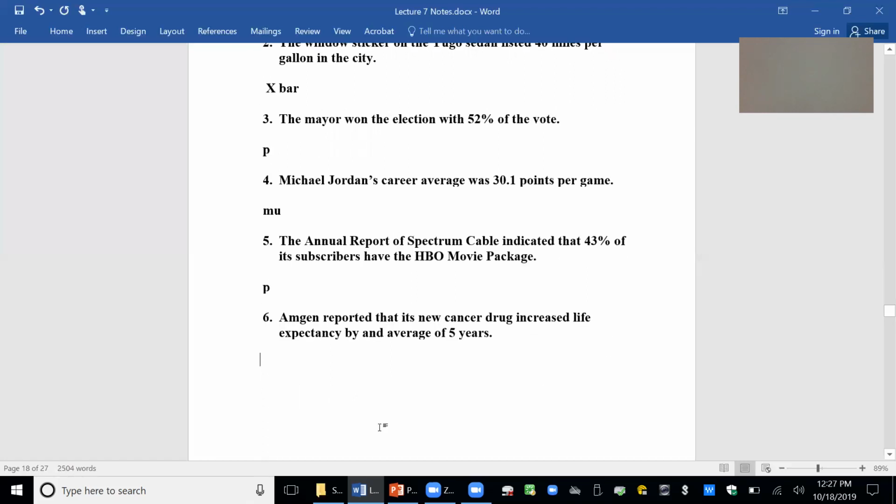And lastly, Amgen reported the new drug increased life expectancy by 5 years. Did they test the drug on everybody? Well, they tested the drug on everybody that they tested it on. See, here's your problem. Are they going to use this to talk about just those people?